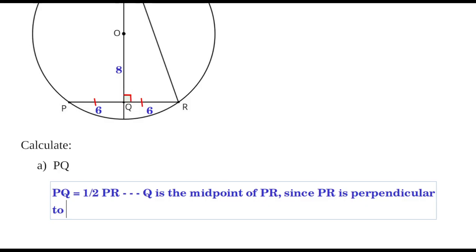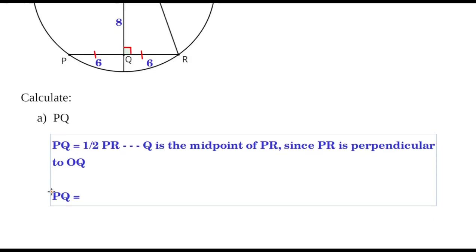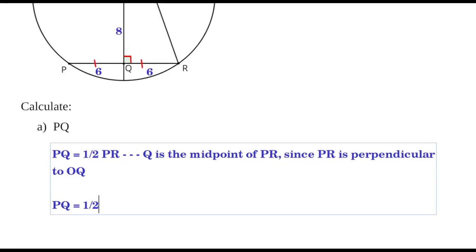Since PR, the chord, is perpendicular to the line from the center, OQ. So your PQ is actually equal to half of 12, which gives us 6 centimeters.